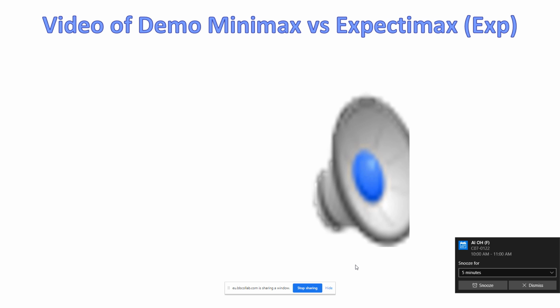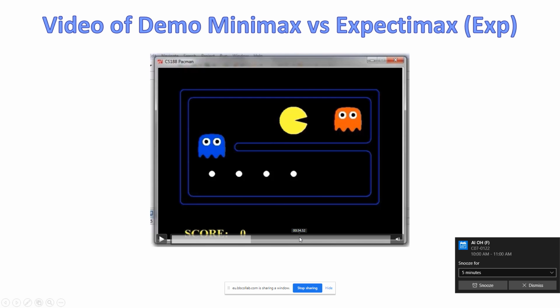Now, if Pacman knows that the opponent is not optimal, is working by chance, there is some randomness modeled in the right way, then as we saw before, Pacman might decide to take his chance, and instead of going right to be killed as early as possible, will go left.